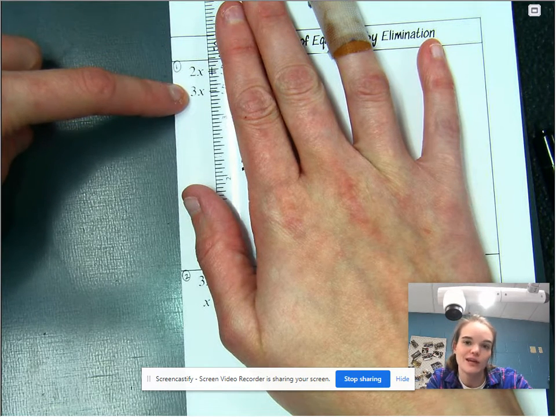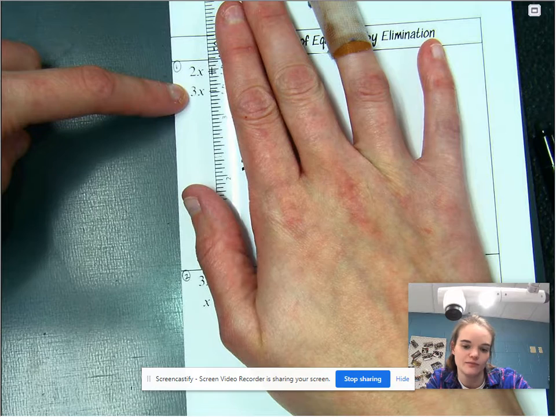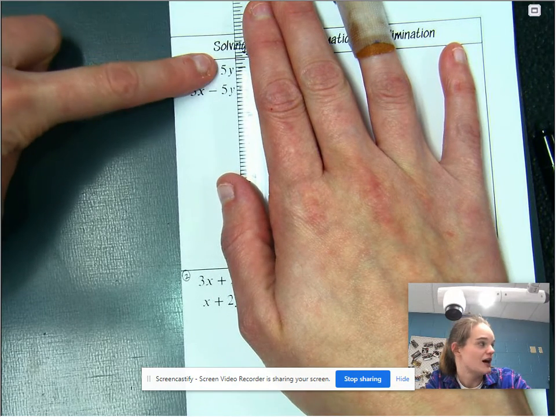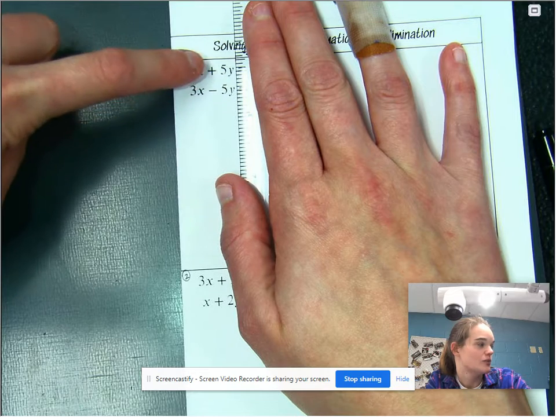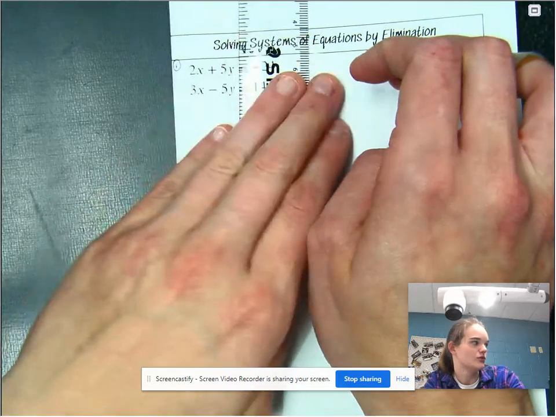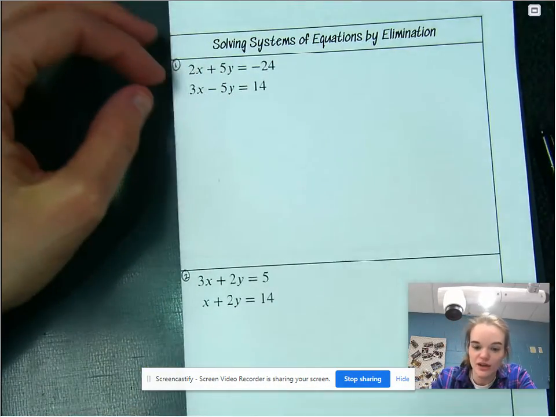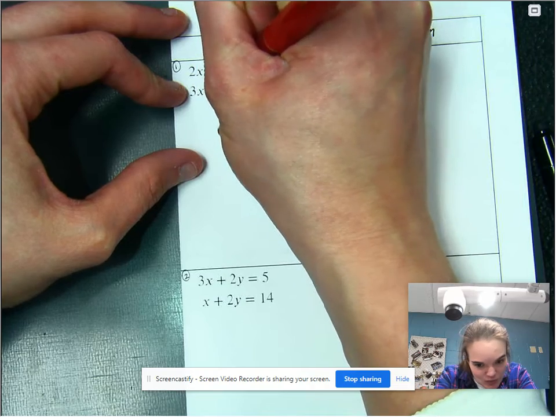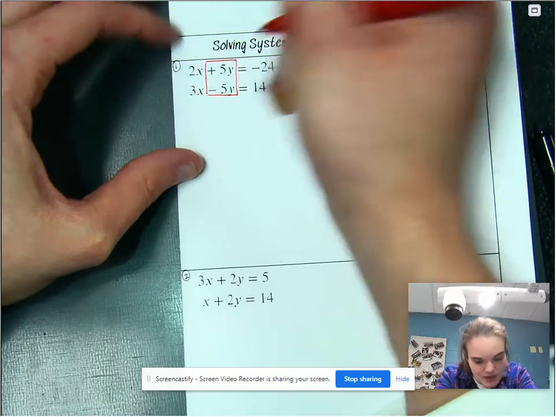I cannot eliminate those. They're not the same. Why? For the y's, one is 5, one is 5. One is positive, one is negative. I can eliminate those. I'm going to box in the ones I can eliminate.